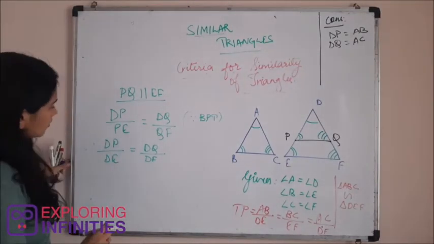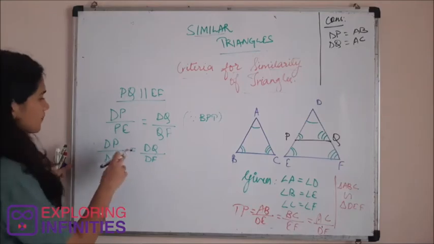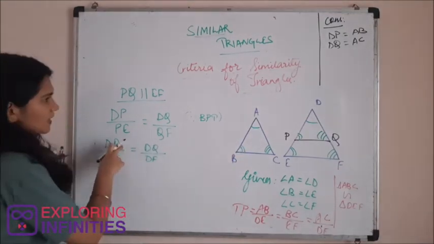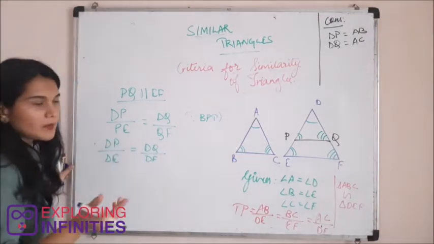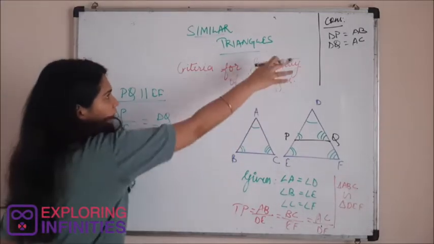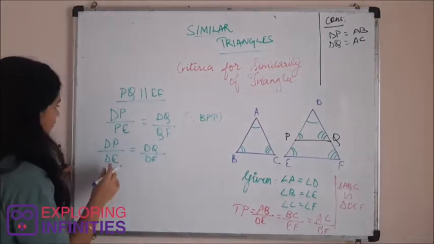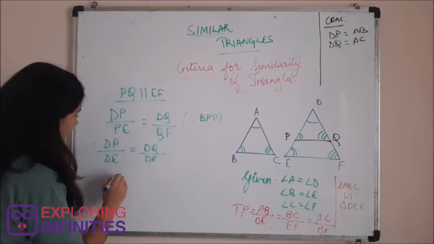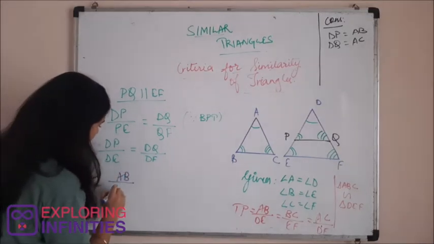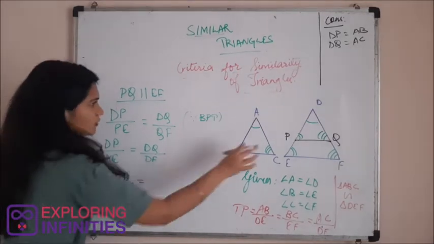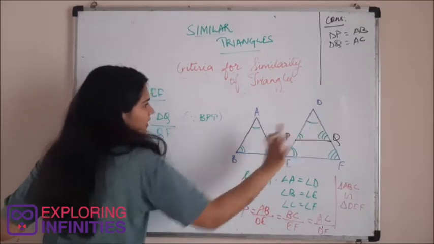But you also know that DP is equal to AB, that we proved, or that we have already constructed in that way. So we can also write it in this way: AB divided by DE is equal to AC divided by DF.